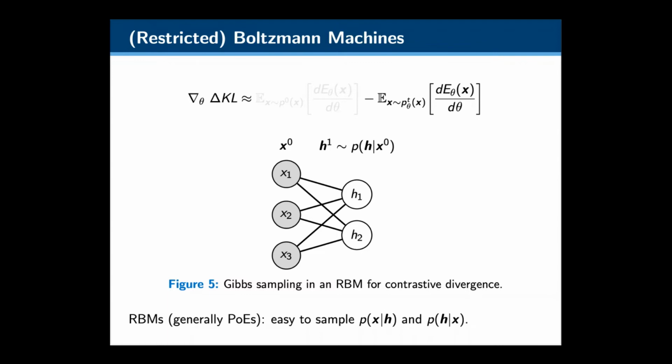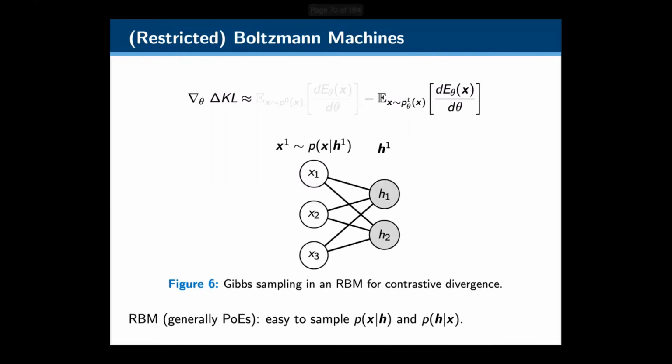The point is that it's easy to sample from P of X given H and from P of H given X for restricted Boltzmann machines, because there are no connections within the visible layer or within the hidden layer. So by conditioning on and alternating between the two layers, it's completely tractable to sample from each layer.